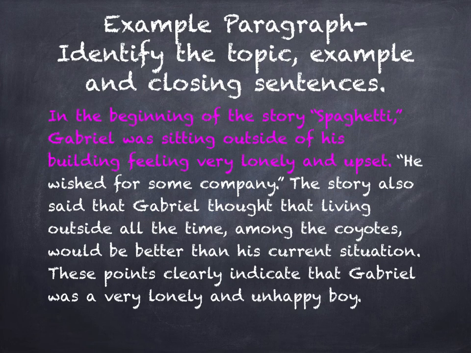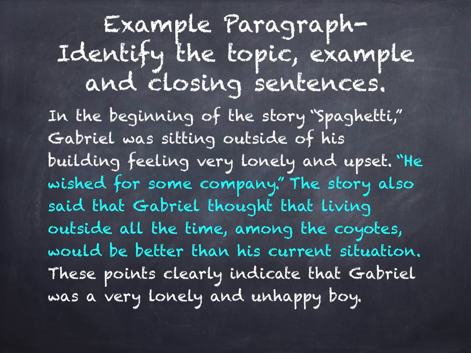So now let's identify the example sentences. So our example sentences are in the middle, and you can see that they are in this mint blue color. So they are, he wished for some company. The story also said that Gabriel thought that living outside all the time among the coyotes would be better than his current situation.